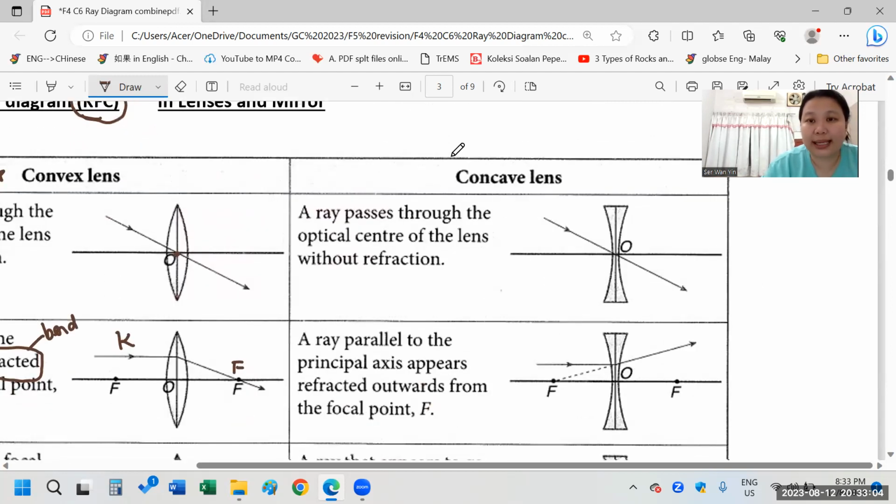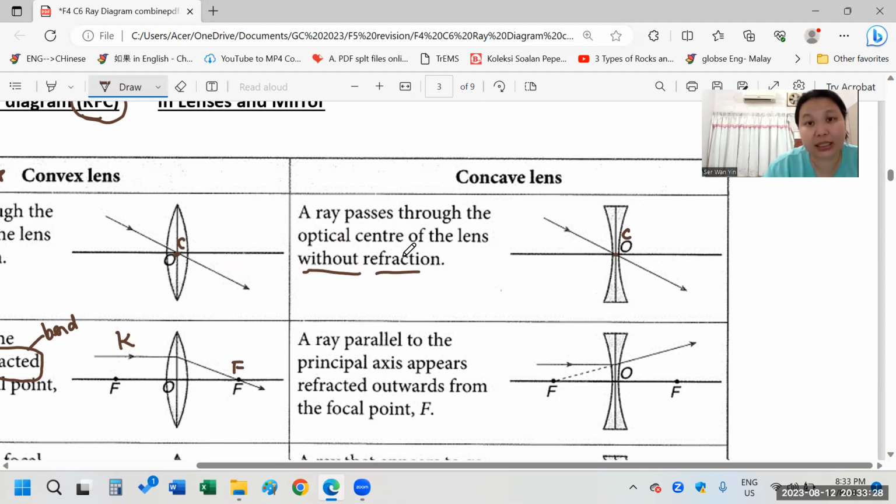Now concave lens, also the same thing. When the light ray passes through the center, C, the center of the lens, it will go straight. It won't bend, without refraction.